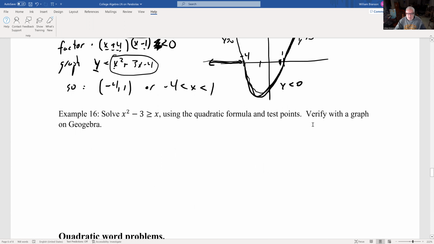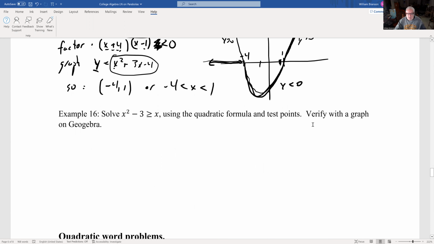So again, first thing to do is make this have a 0 on one side, okay? And then this is a quadratic, and we can think about if we graph that quadratic, when is it positive, when is it negative? So what we're interested in is solve x squared minus x minus 3 equals 0.